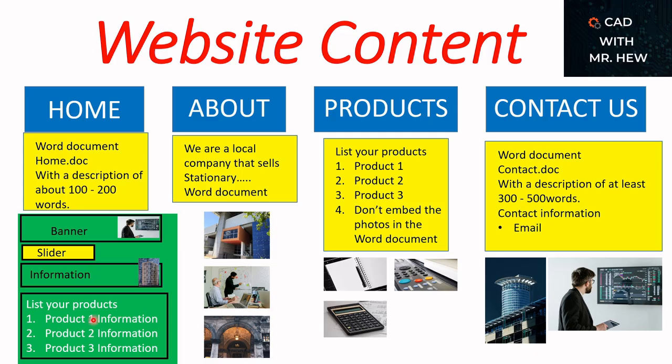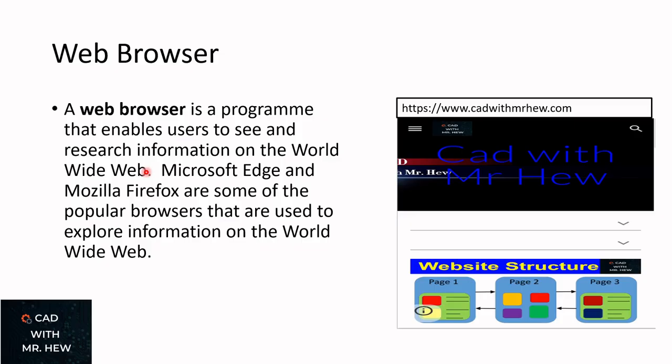So for product 1, we'd write all the information for product 1 in our Microsoft Word document. For product 2, we repeat the process, and then for product 3, we write the information in our Microsoft Word document in the planning stages of our website building, right?